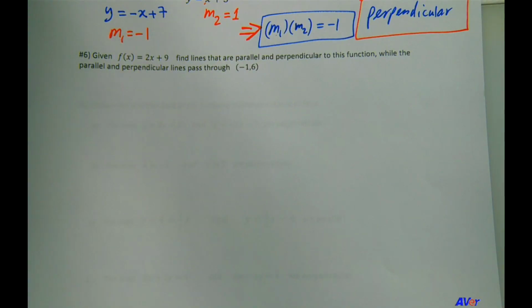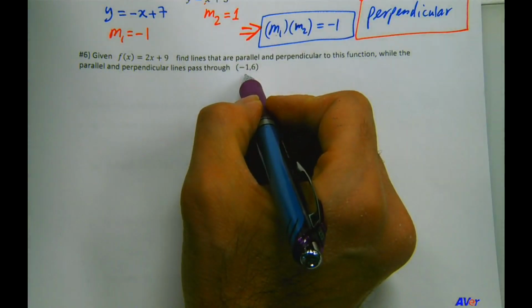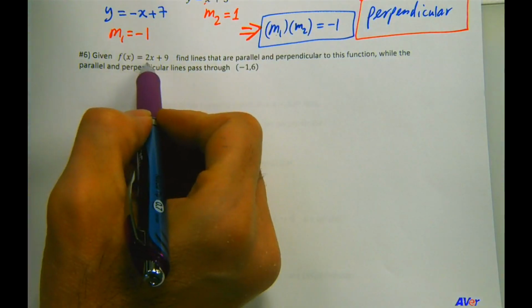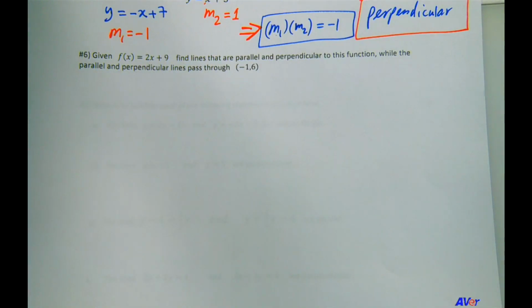So which one is it that you're looking for? You have to specify which line. How do you specify? Well, you specify a point. Because out of those infinitely many lines that could be parallel or perpendicular to this line, only one of each, one of the parallel lines and one of the perpendicular lines, can go through that point. Okay, we're looking for that parallel line.